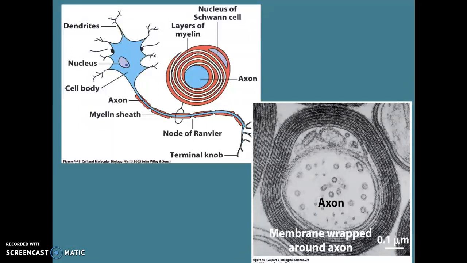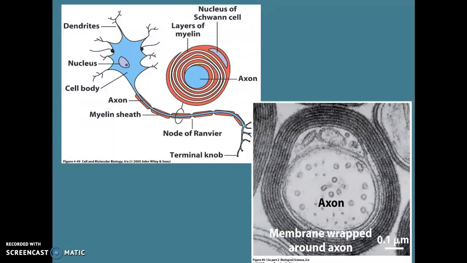And the Schwann cells are just cells that, as they grow, they wrap around the axon, and that creates an insulation around the cell, much like the plastic insulation around small wires in electronics. And in between these Schwann cells are unmyelinated regions called nodes of Ranvier.